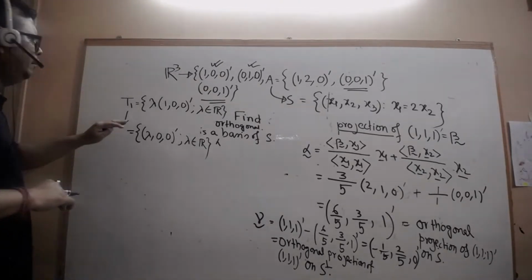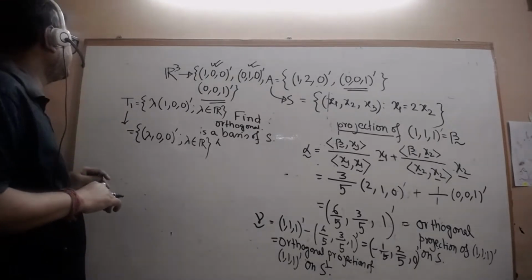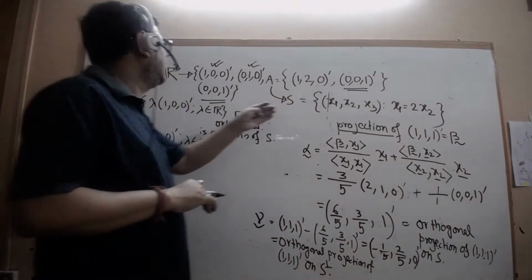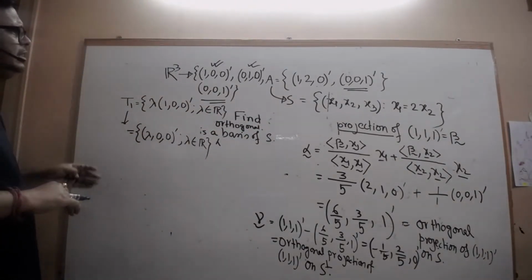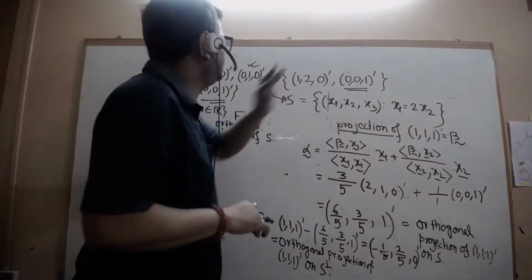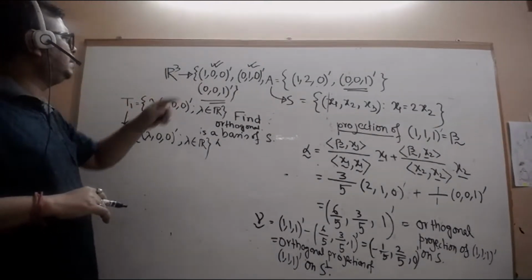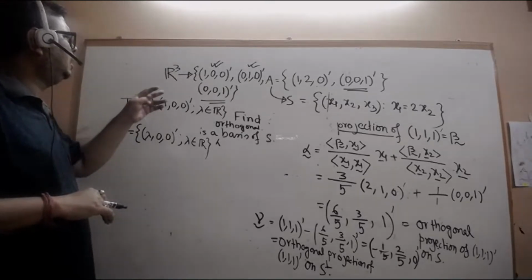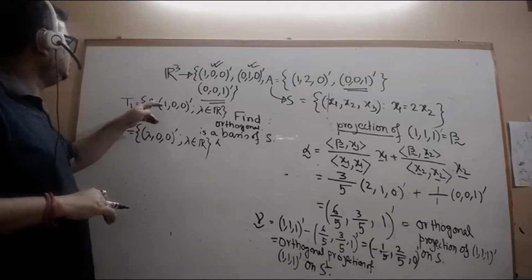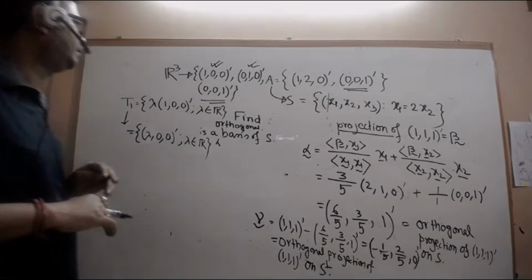So for this, I need a complementary space of S. First find the basis of S, which is this, and then see the canonical basis of R cube, and from this canonical basis we see that T1 should be either a linear combination of this vector or this vector.